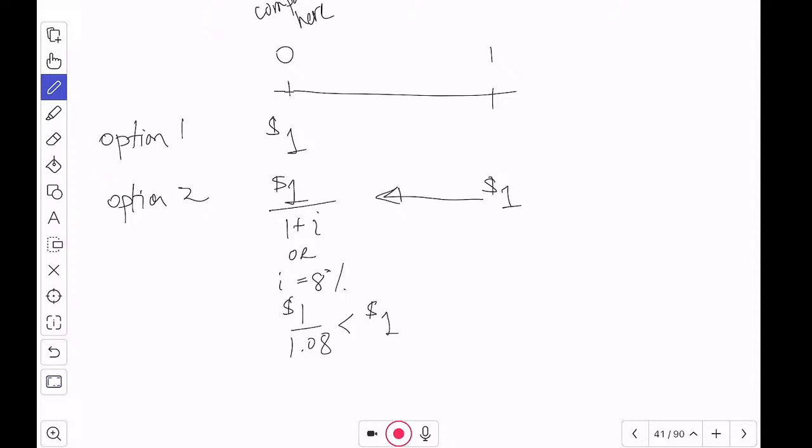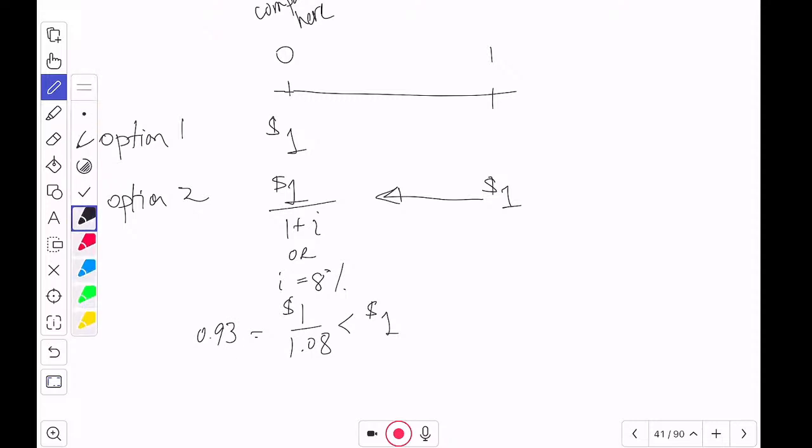So if you put that in your calculator, it's 93 cents.